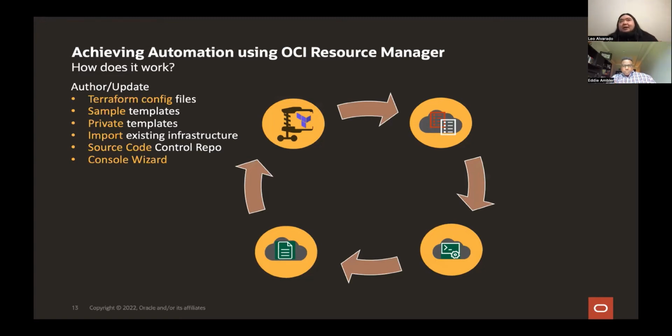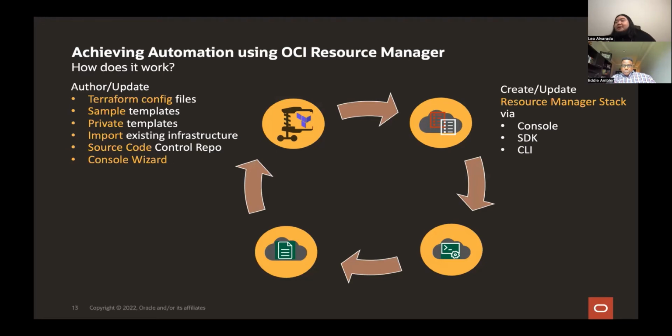Let's say I have an existing app tier and DB tier running on my Oracle cloud, and I can easily discover that existing infrastructure to generate a baseline Terraform config that I can use to easily provision it or rebuild the system in a different environment.